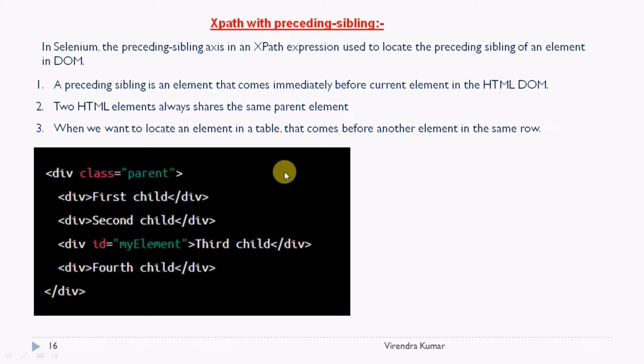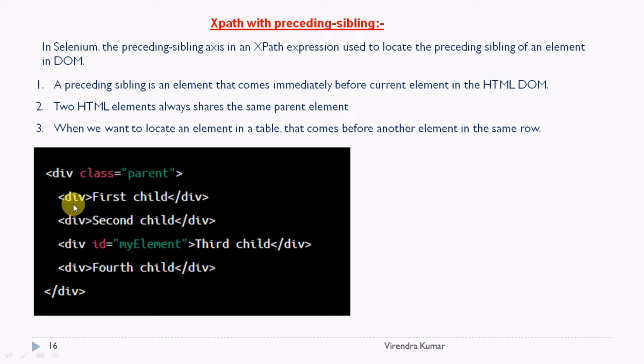Now let's understand with the example on my screen. You can see the div with class parent, and this is the div first child, div second child, and this is the div with id my element, the third child, and the div fourth child. The parent div we call the parent element, and these divs, one, two, three and four, are the child elements.